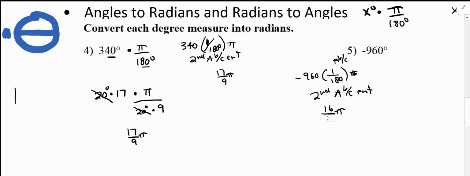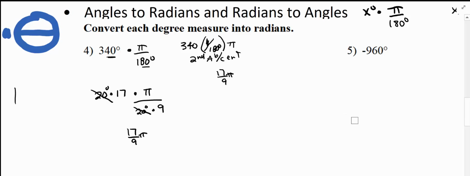But if you're going to simplify it, so let me erase all this stuff. If you're going to simplify it without using your calculator, well, 180 and 960, I'm going to guess they have 60 in common. So I'm going to say negative 60 degrees. Well, 6 times 16 is 96.